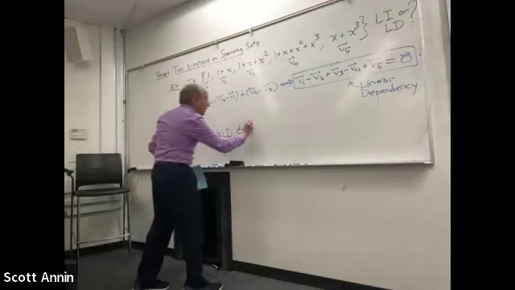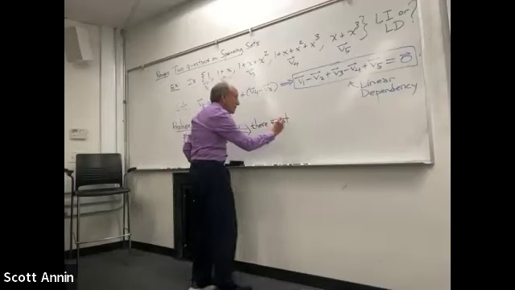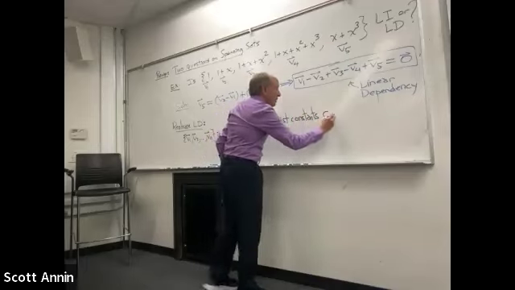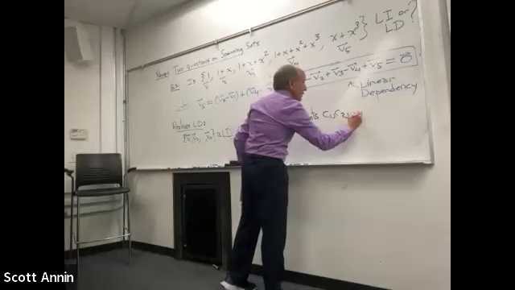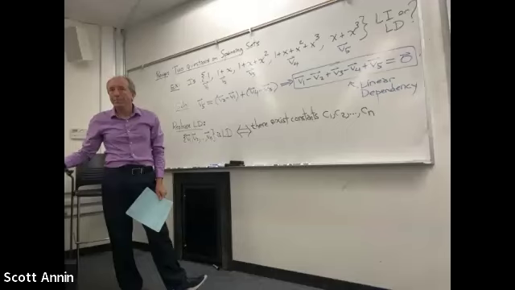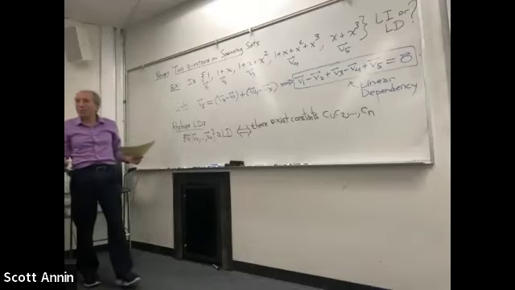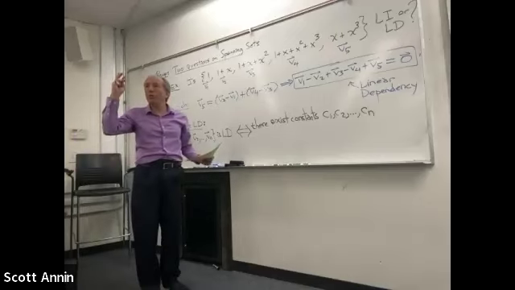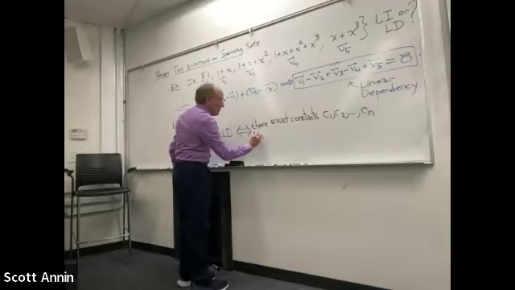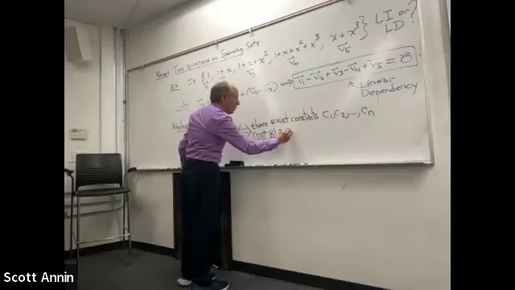This is if and only if there exist constants, C1, C2, up to Cn. And now for the three most important words that I'm going to write down: not all zero.